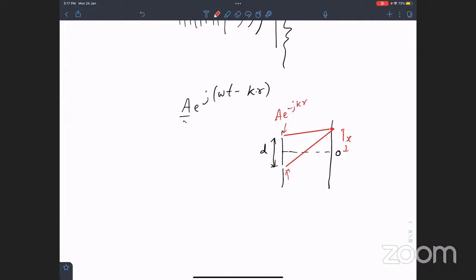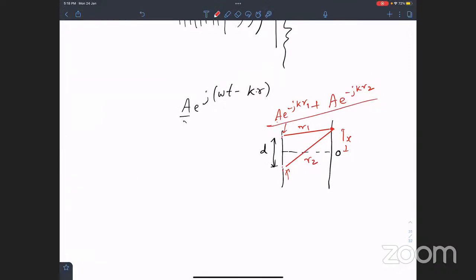Both of these are in phase at that point. So I have to add the top wave and the bottom wave, e to the power minus j k r1 plus e to the power minus j k r2, where r1 is this distance and r2 is this distance. We have to add these two things.